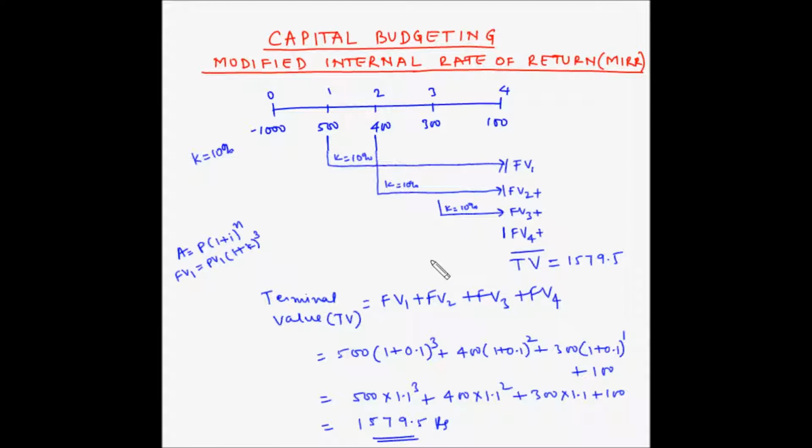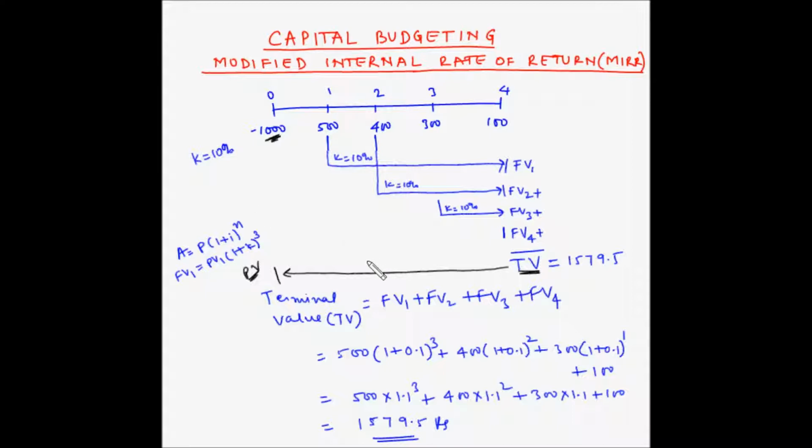Now we need to find the rate of return, or the rate at which the present value of this terminal value is equal to the project cost, which is this. So we have to take the present value of this terminal value such that this present value is equal to this value, or in other terms, the present value of the terminal value is equal to the present value of the cash outflows.